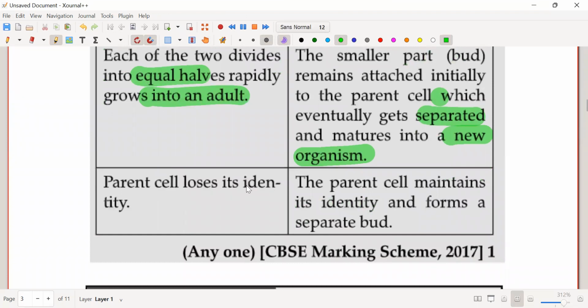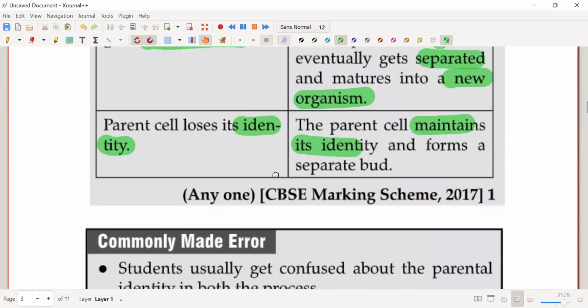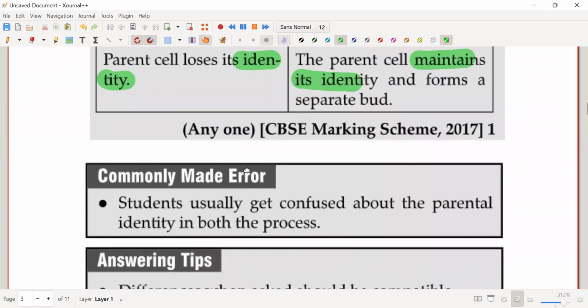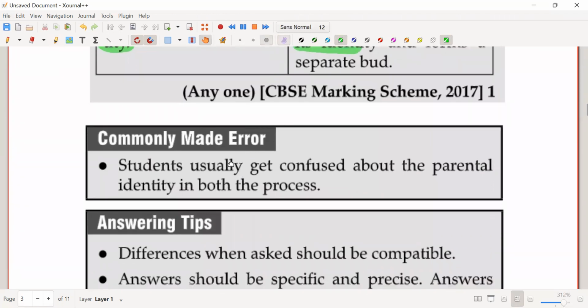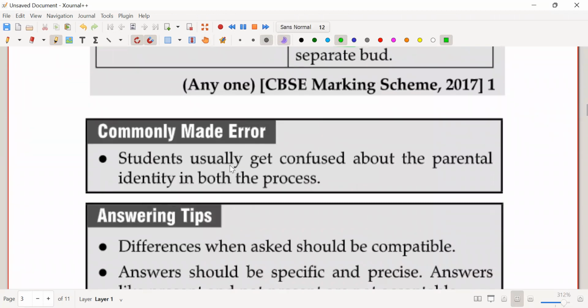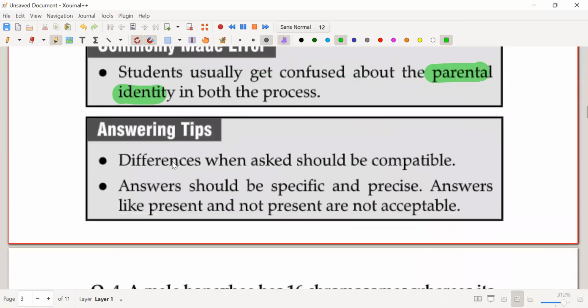In binary fission, the parent cell loses its identity. There will not be any parent cell at all. Totally loses its identity. Here, in budding, it maintains its identity. A common error with these differences is getting confused about parental identity in both processes.